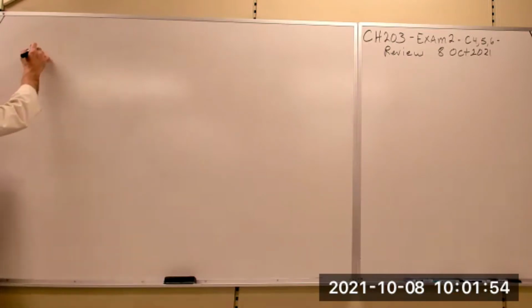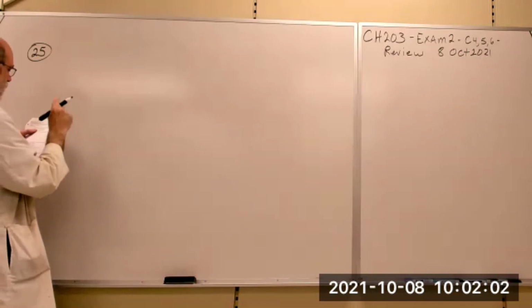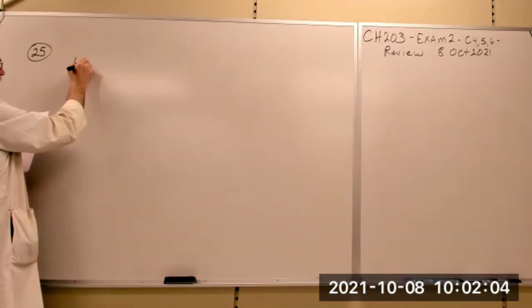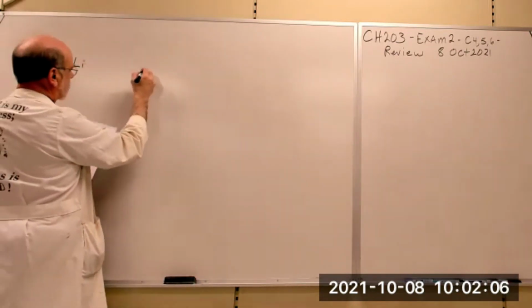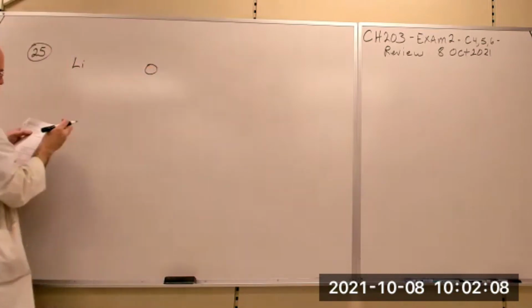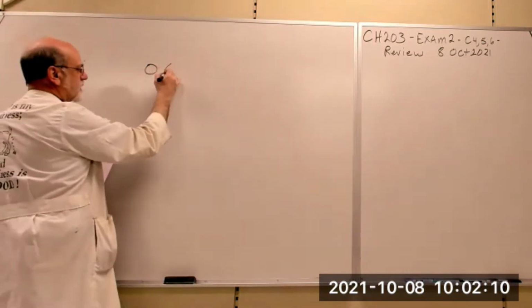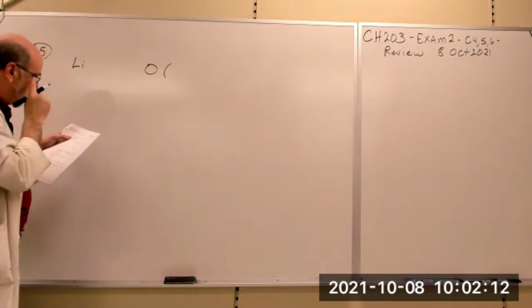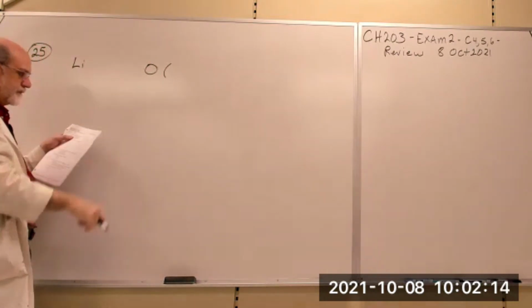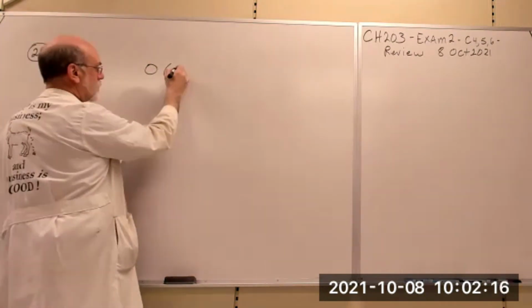Okay, how about this one? When we look at the electronegativities of bonds, if you form a bond between lithium and oxygen, oxygen has an electronegativity value of 3.5.